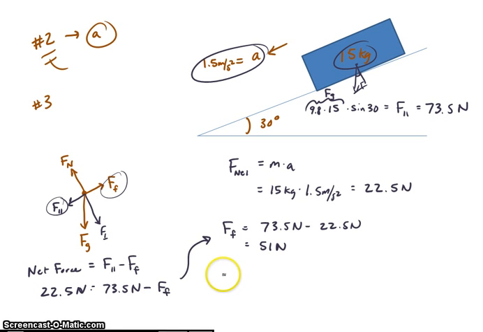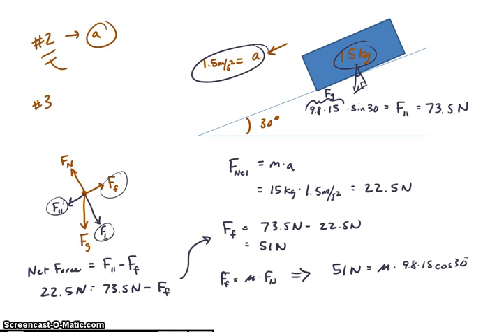So if I know now that my friction force, which is equal to a coefficient of friction times a force normal, and my frictional force is 51 newtons, and my force normal is essentially the same as my force perpendicular, that's the 9.8 times 15 times cosine of 30. Okay, I can then solve for my coefficient of friction.